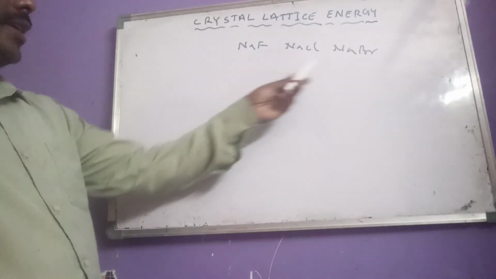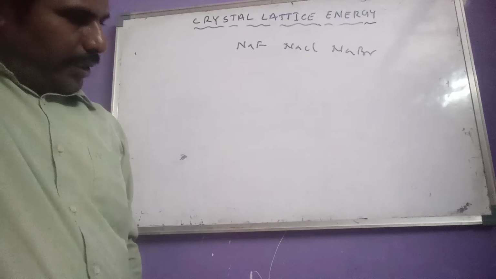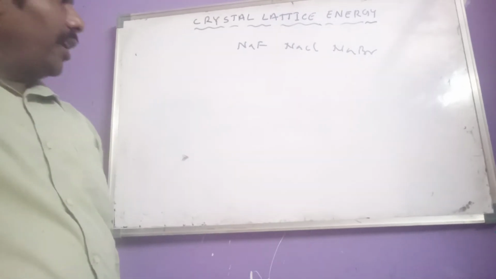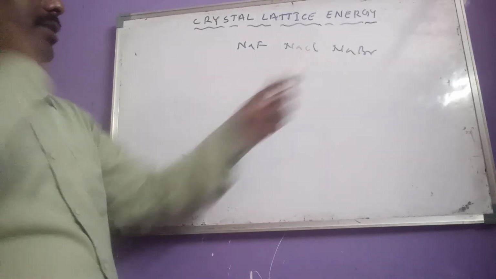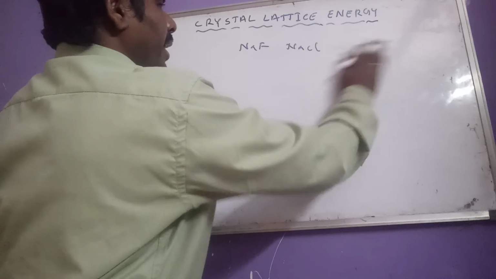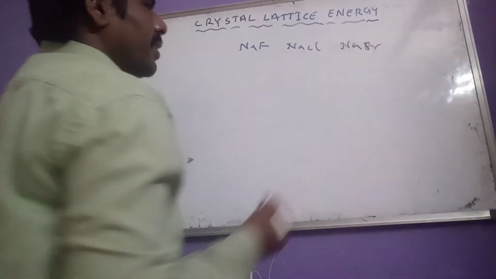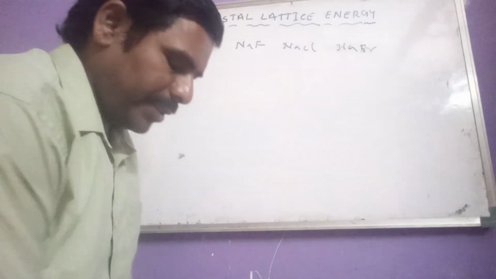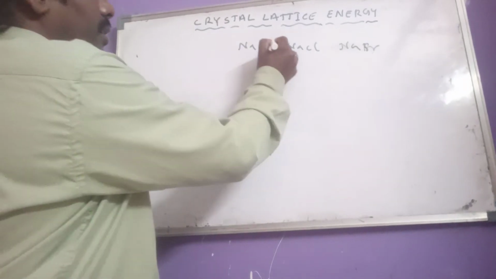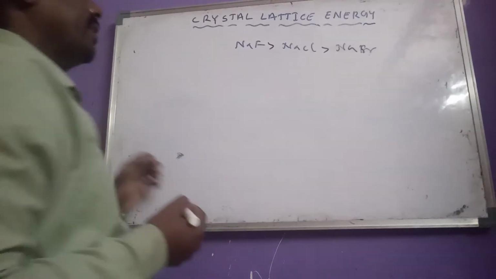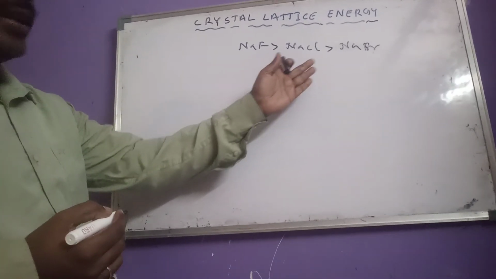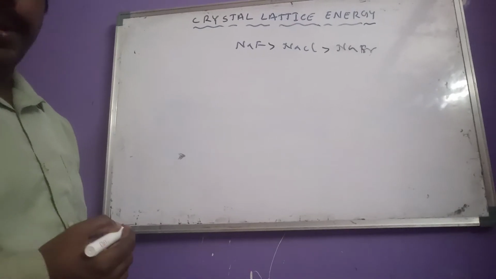As Na is common in all these cases, neglect that and concentrate on the anions. As the atomic radius of the cation or anion increases, crystal lattice energy decreases. So the order of crystal lattice energy is NaF greater than NaCl greater than NaBr.